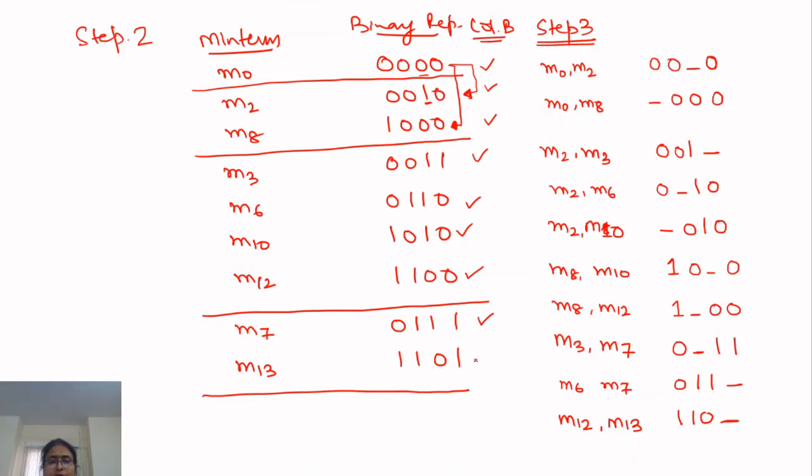So 13 is also included. So all are included in this step 3.